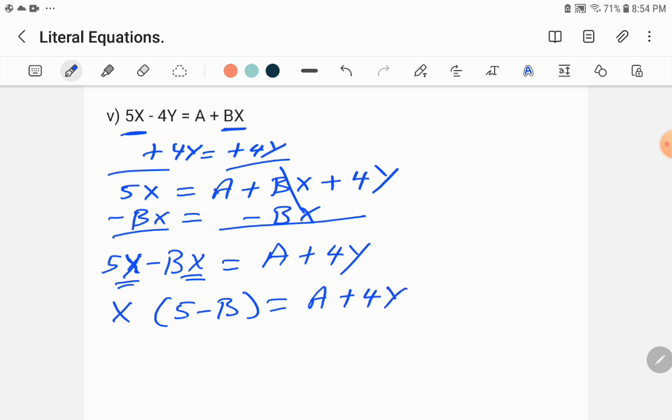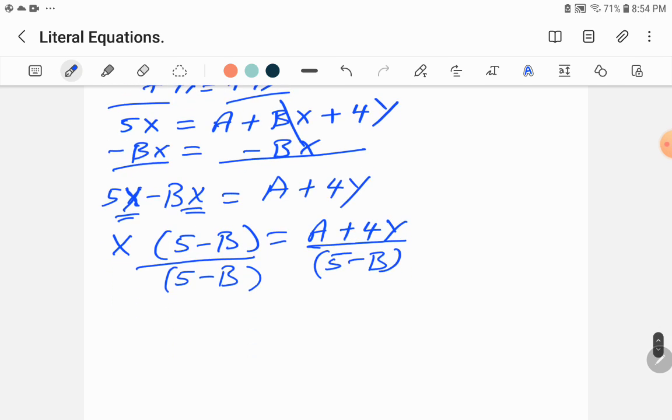And now we're going to divide by 5 minus b on both sides. So 5 minus b cancels with 5 minus b, giving us x equal to a plus 4y over 5 minus b.